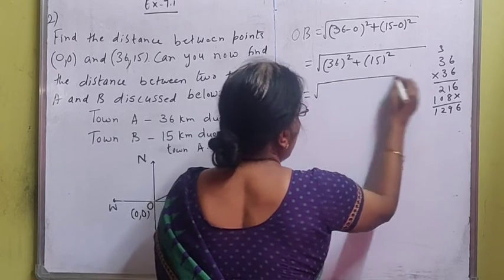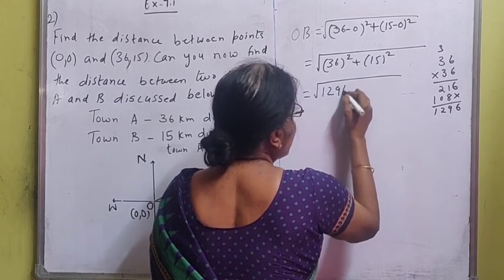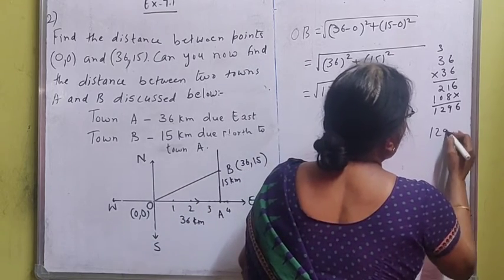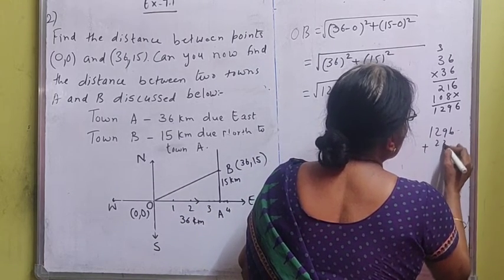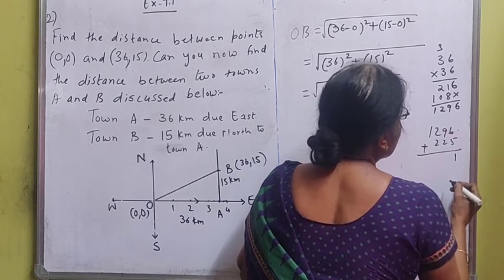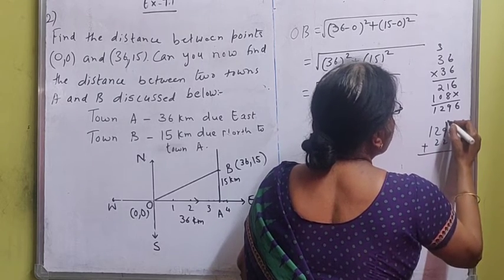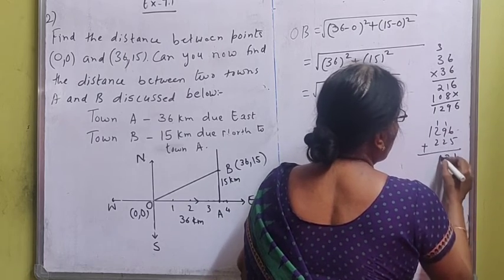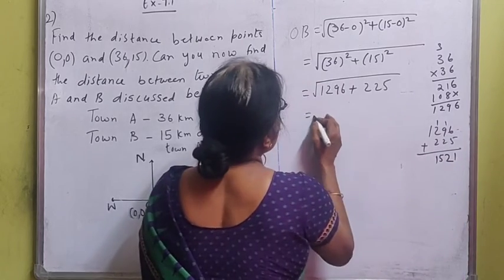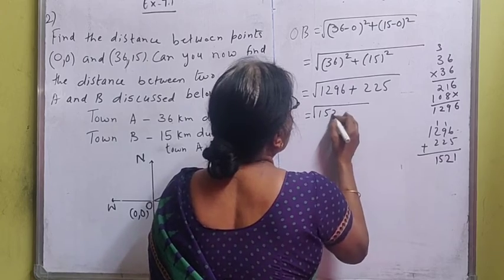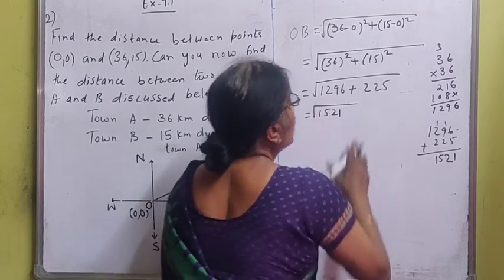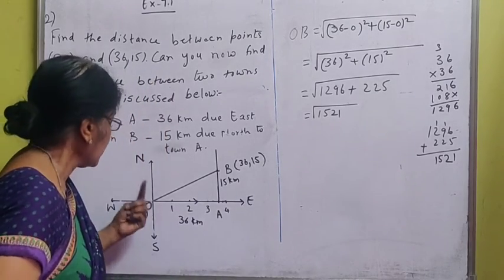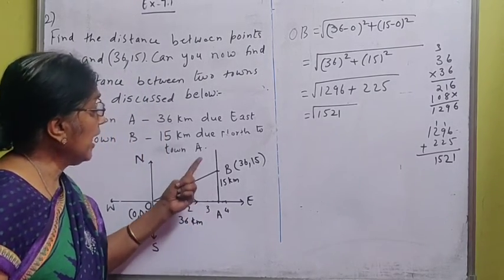So it is square root of 1296 plus 15 square, which is 225. 1296 plus 225: 6 plus 5 is 11, carry 1. 9 plus 1 is 10. 10 plus 2 is 12, carry 1. 2 plus 2, 4 plus 1, 5. So you got it as square root of 1521.